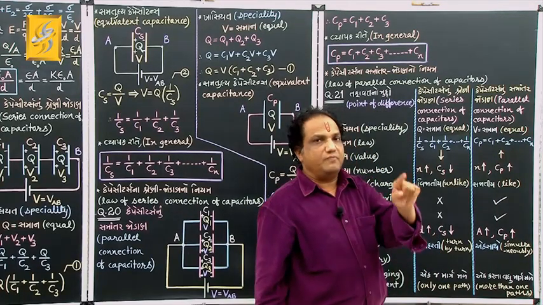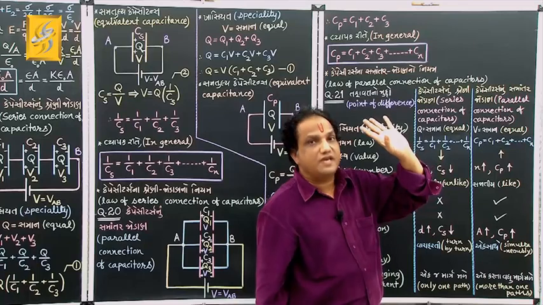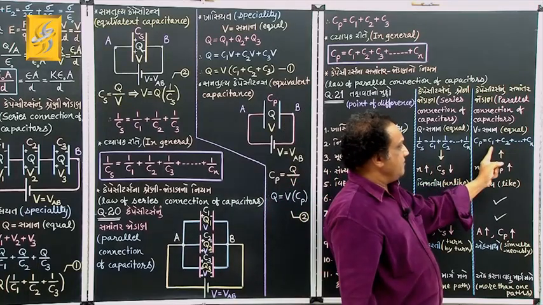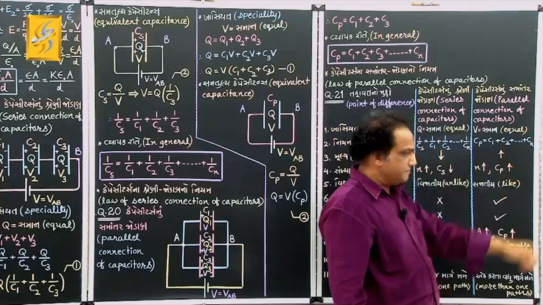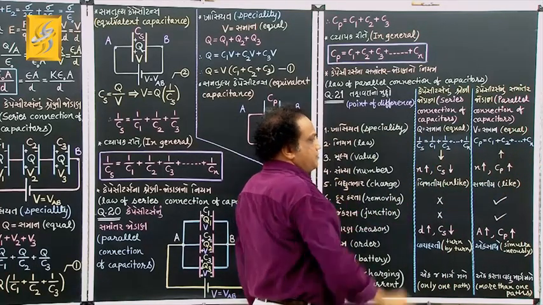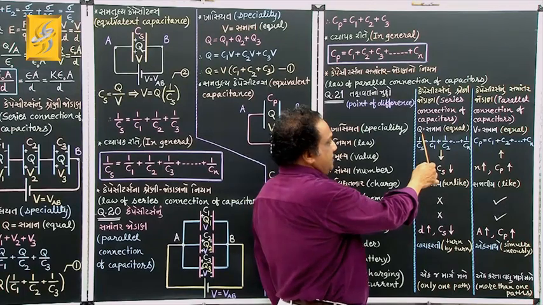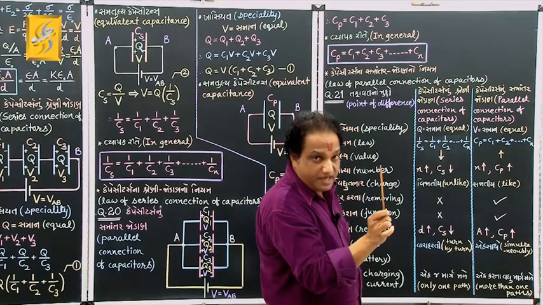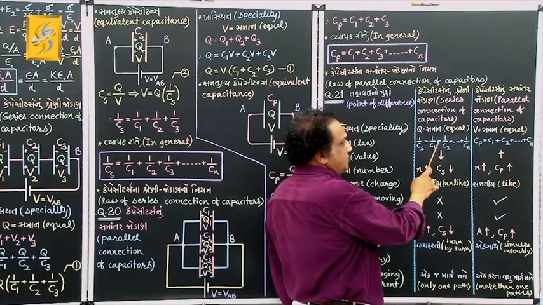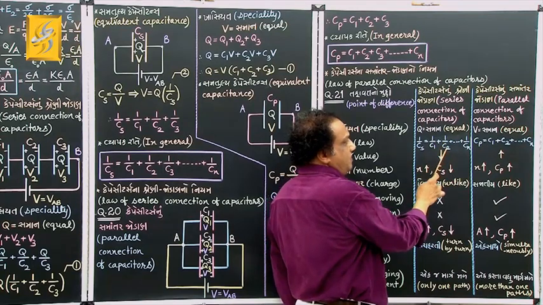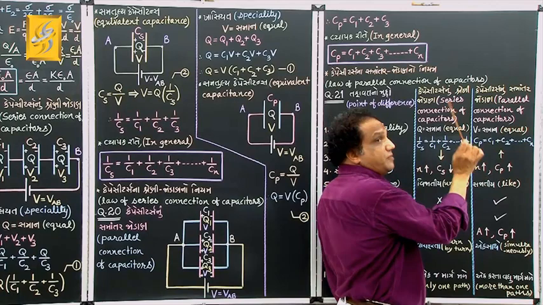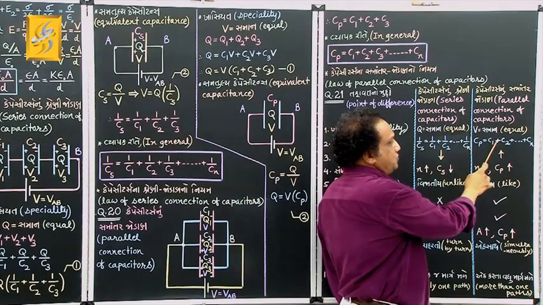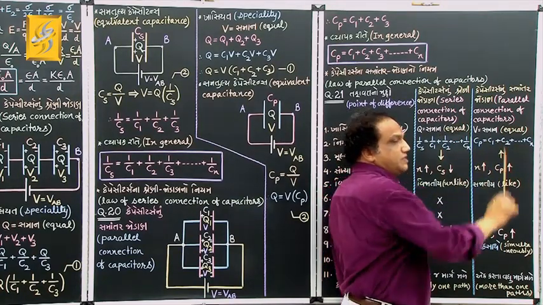Cp equals C1 plus C2 plus dash dash dash plus Cn. Correct? Fine. If you speak in words, then for series, reciprocal of equivalent capacitance is equal to summation of reciprocals of individual capacitances. Here, equivalent capacitance is equal to summation of individual capacitances.